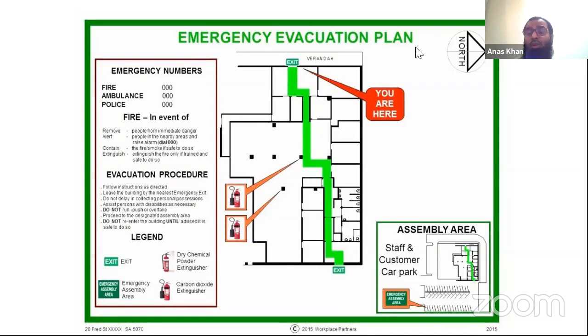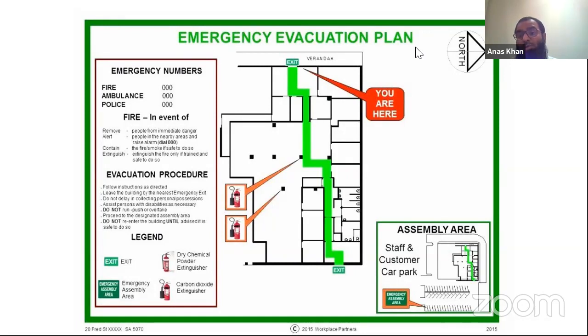For example, when I was working in a steel industry, we used to produce coils, 50-ton and 25-ton coils going from one place to another. So what to do if a coil is going to fall on someone, or not only on someone, it is going to fall? This is an emergency.